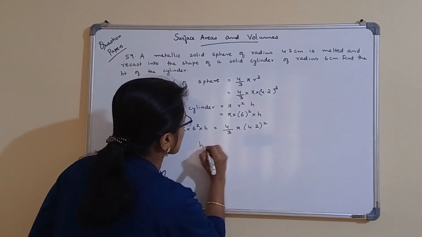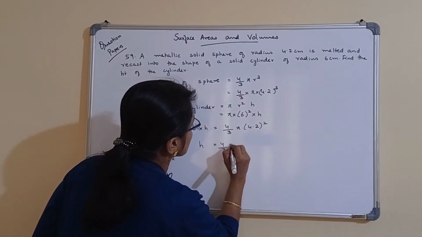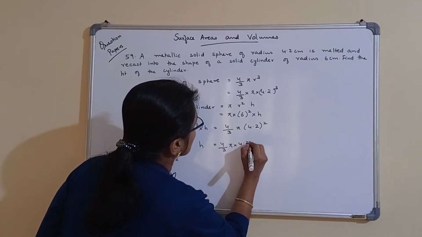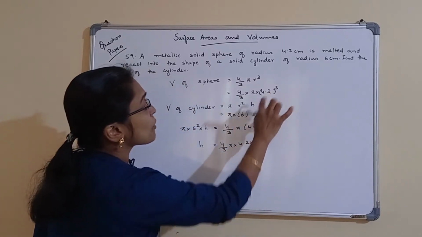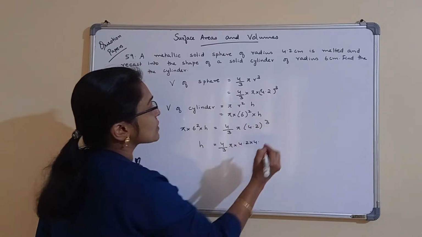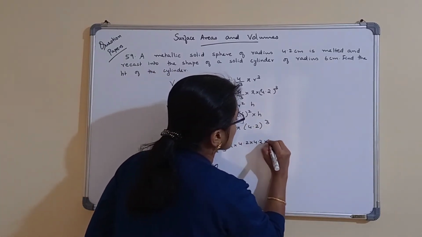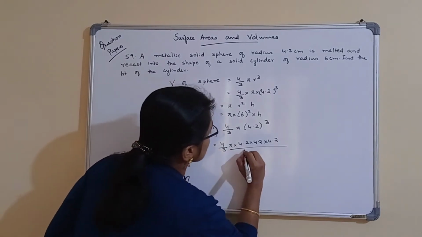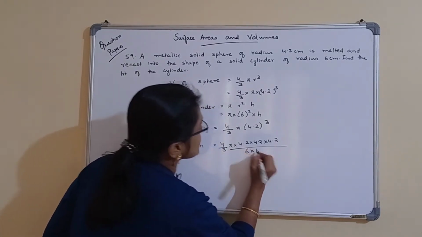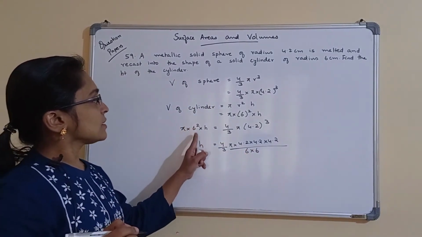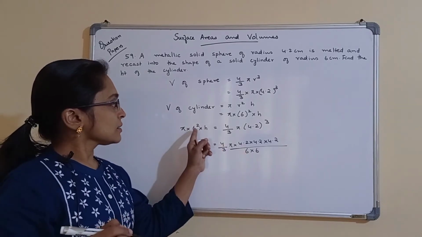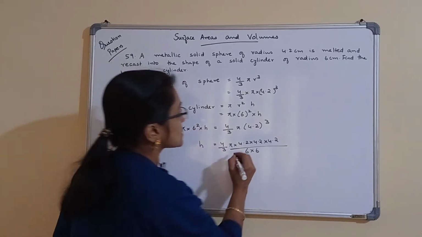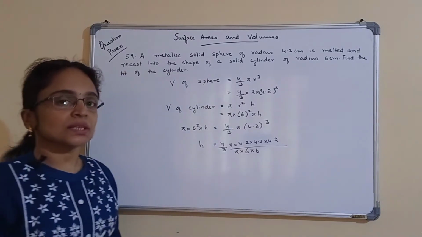So h is equal to 4 by 3 pi into 4.2 into 4.2 into 4.2 divided by pi into 6 into 6.